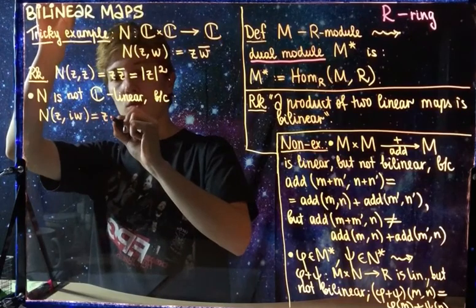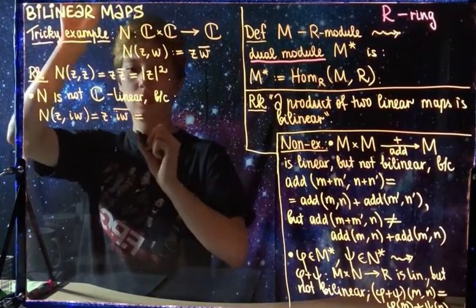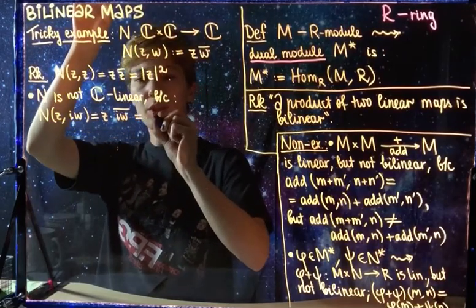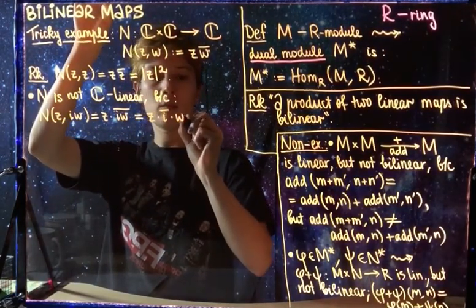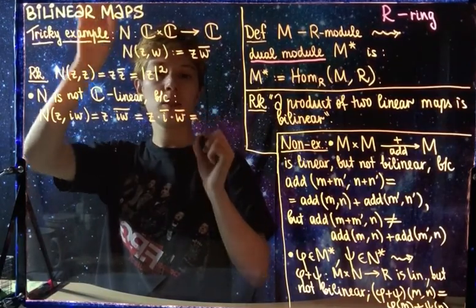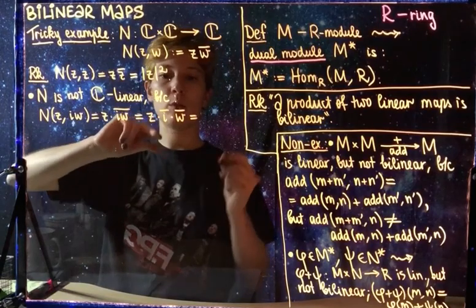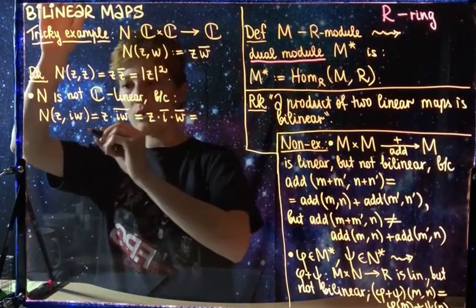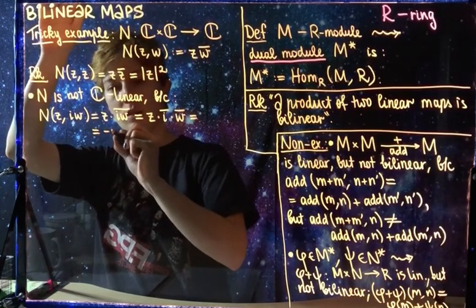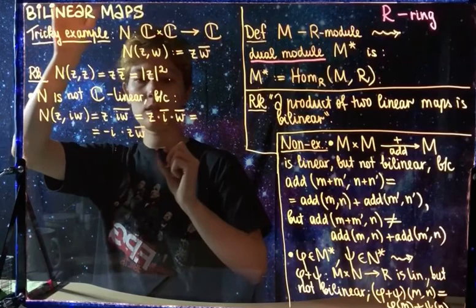This is equal to Z times iW conjugate. Conjugation is multiplicative, so we get Z times i conjugate times W conjugate. And the conjugate of i is minus i because we reflect with respect to the real axis. So we get minus i times Z times W bar.